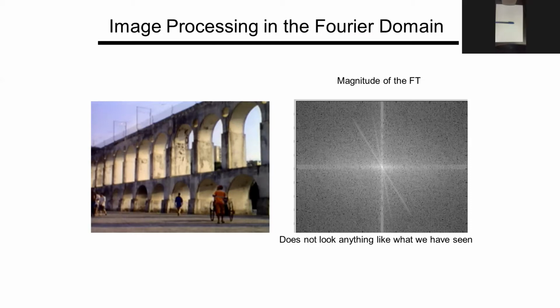Whenever you are dealing with image processing using a Fourier domain, you are not dealing with a time domain, because in this image there is no definition for time. It's actually a static image. What you have in this image is coordinates. For example, this is the x coordinate and this is the y coordinate.